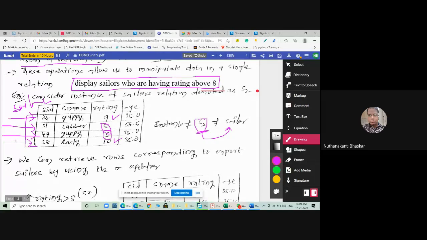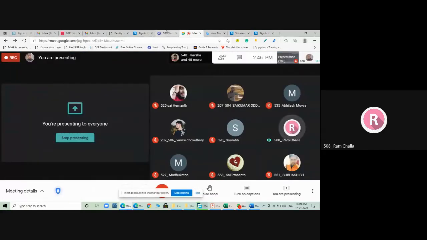When you want to display the tuples, which operation do we need to use? Selection or projection? Tell me now. When I want to display the records, which operation do we need to use? Selection or projection?